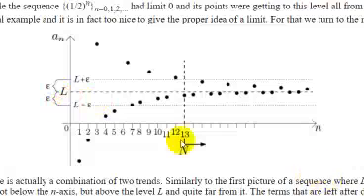If you place a ribbon around L and the sequence is convergent to this number L, then for any ribbon around it, you can pick an index such that after this index, all terms of the sequence lie in this ribbon.